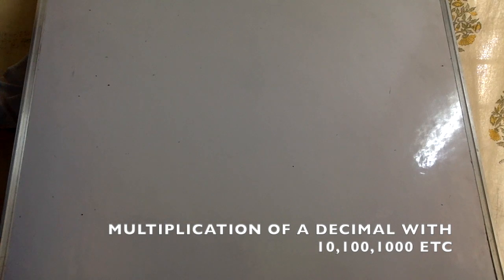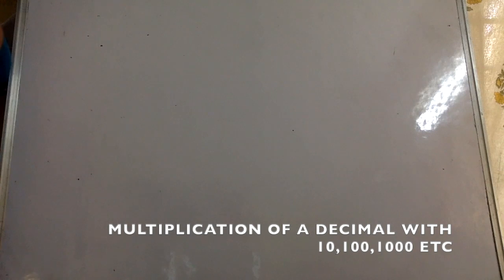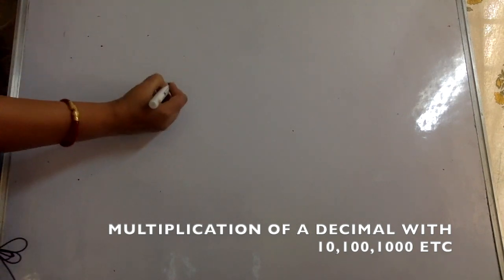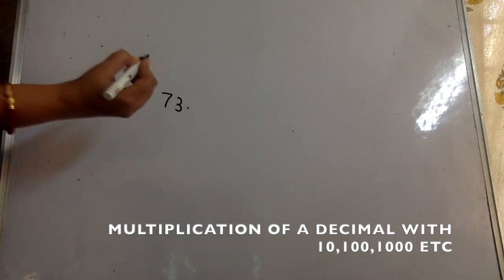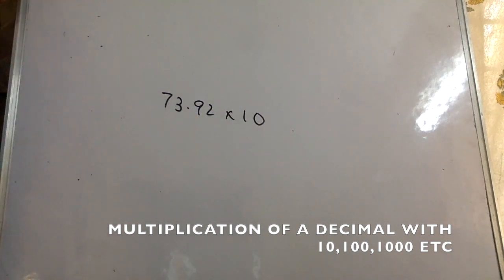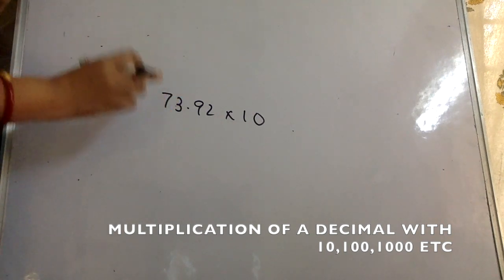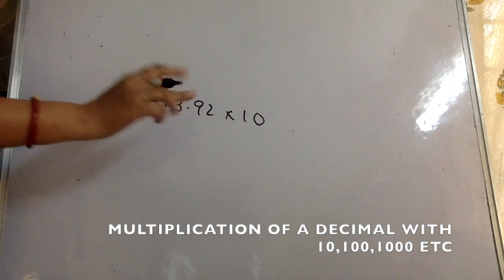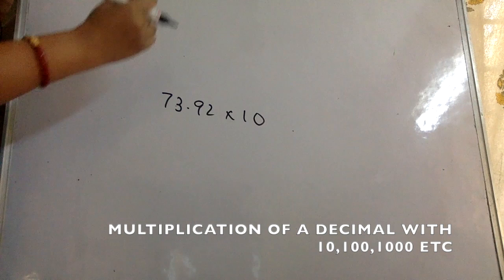Let's take an example for multiplication of decimals. Here we'll take one sum, which is 73.92 into 10. Again, we are trying to multiply a decimal number with 10. The very first thing that we notice is how many zeros are there. There's just one zero in 10, so the point will shift one place to the right.